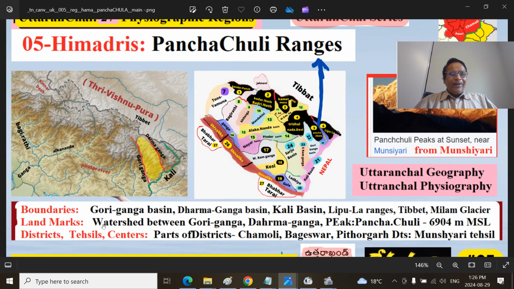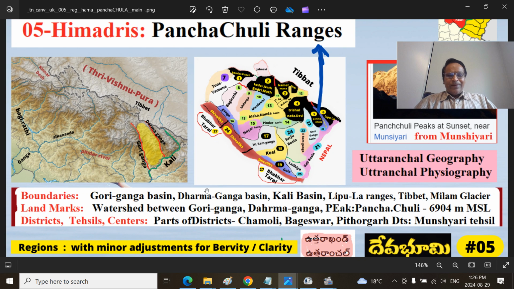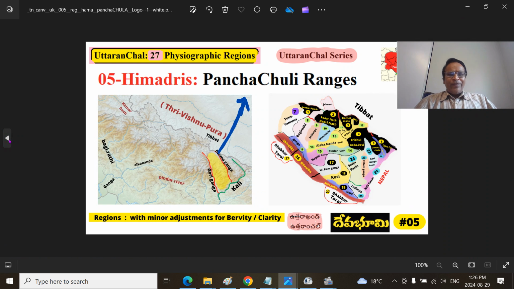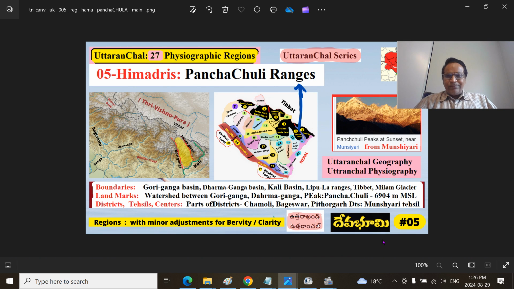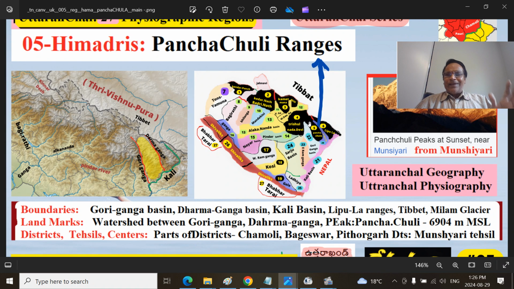And the yellow region is the Pancha Chuli mountain ranges, Himalayas. I will read it out for you. This region called Himalayas has three parts: Greater Himalayas, Middle, and Outer Himalayas. Greater Himalayas are like the Himadri regions. Middle Himalayas are the Himachal region.